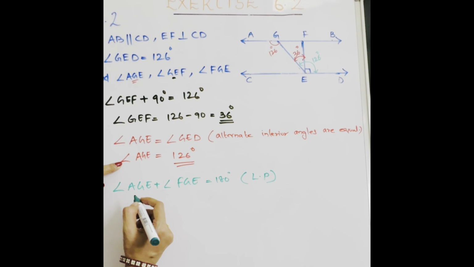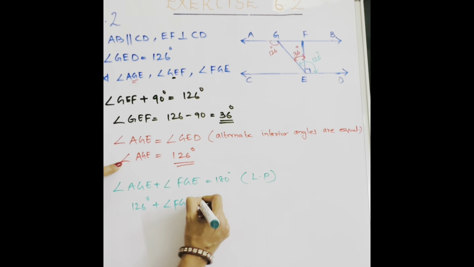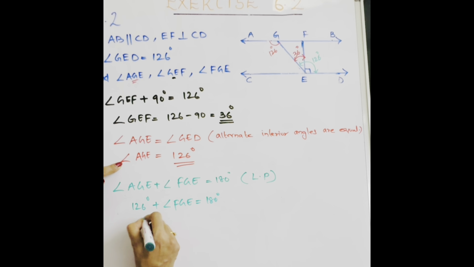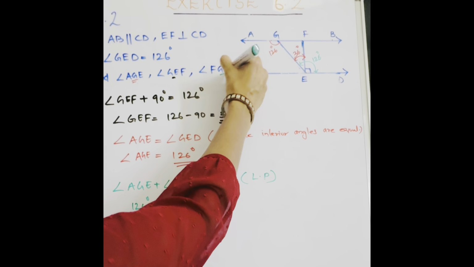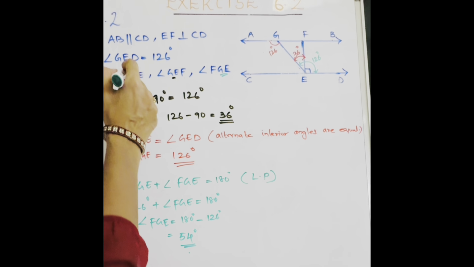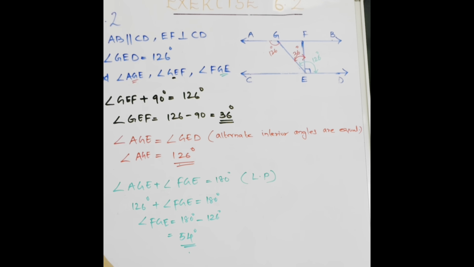And we know AGE is 126. So 126 degrees plus angle FGE is equal to 180, or angle FGE is equal to 180 minus 126, which will give you 54 degrees. So we found out FGE as well. FGE is 54, AGE is 126, and GEF is equal to 36.